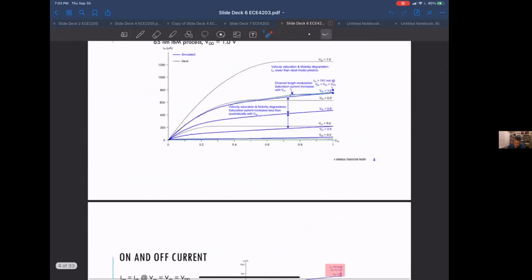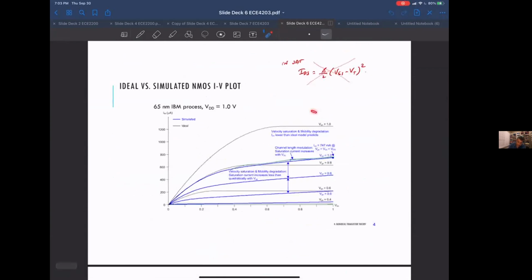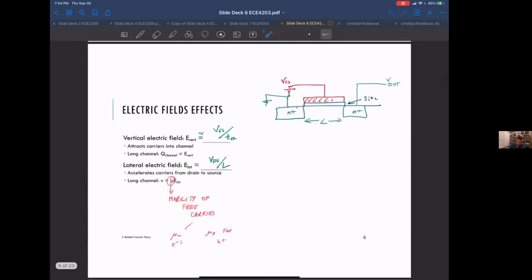Now what we're talking about is threshold voltage effects. Some of it has to do with the amount of current that you get when the transistor is on, and some of it has to do with the break point. The threshold voltage affects your final current, it affects your break point from linear to saturation, and then it affects where you actually turn on. So it can also affect your leakage current.